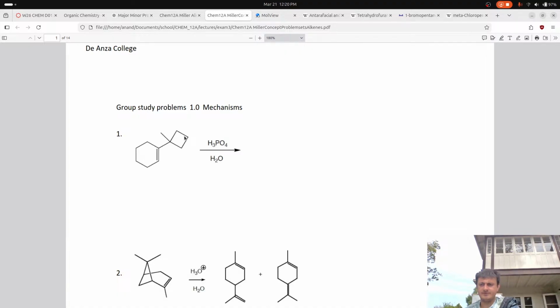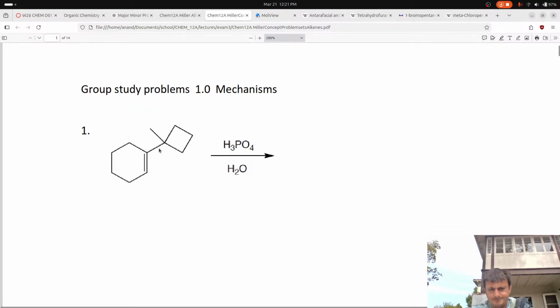The first thing we have to see is, I'm guessing, okay, the carbocation clearly forms here. So first off, what is the mechanism?